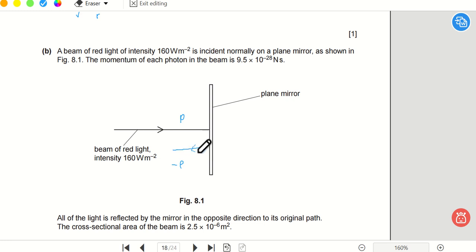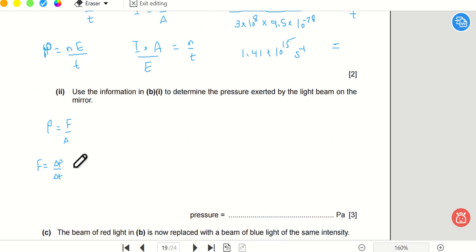So momentum of photon when it is reflected is minus p. Delta p equals momentum after, which is minus p, minus momentum before, which is positive p. So it is minus p minus p, which equals minus 2p. We want here the magnitude, so we will take 2 times this value as delta p. So 2p over the time.